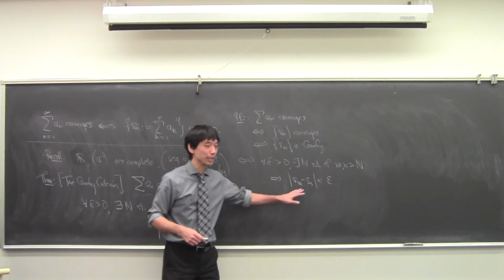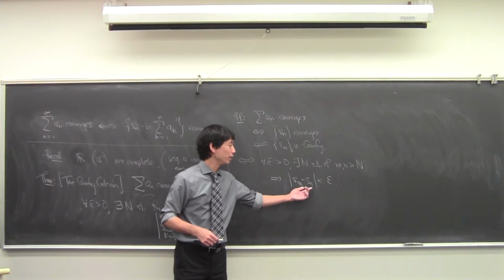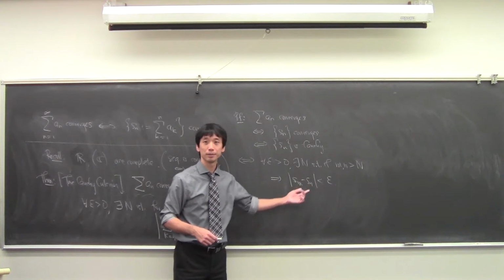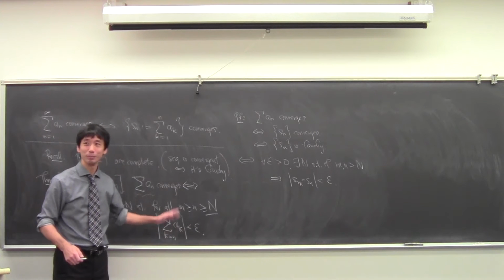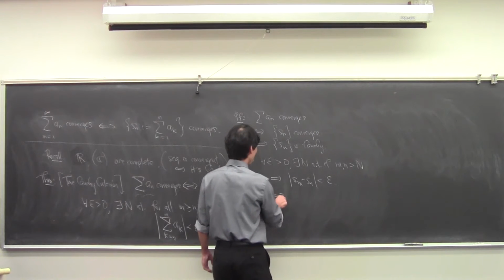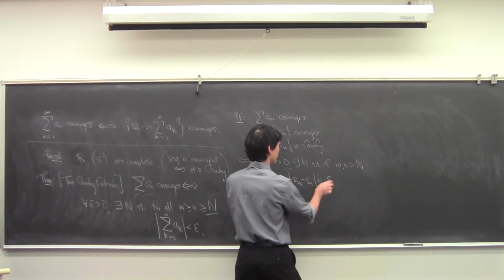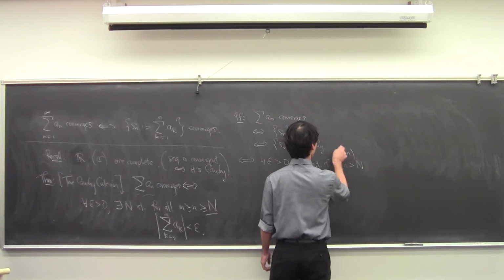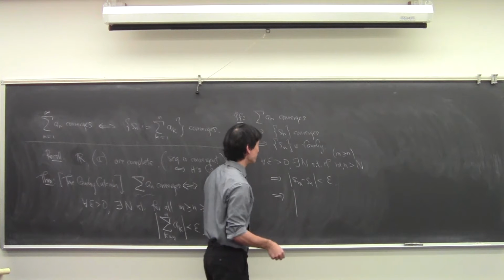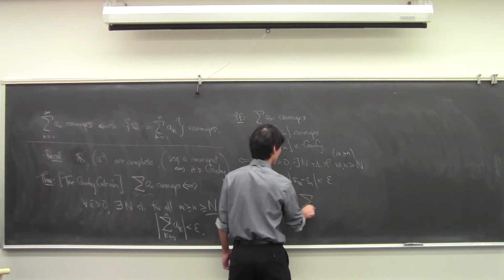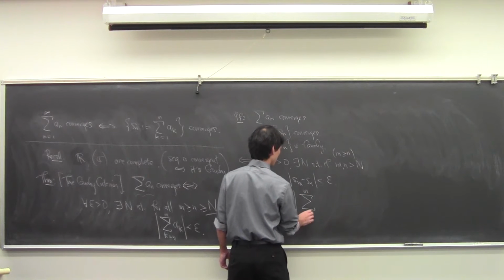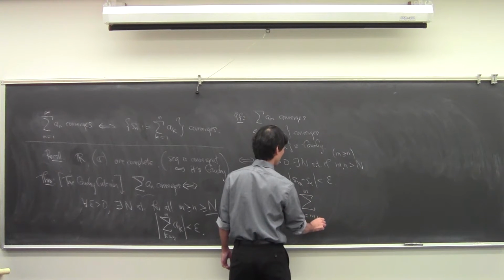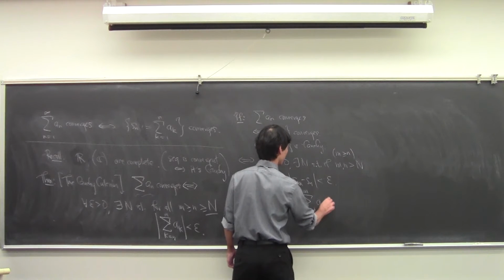Right? And now I hope you're seeing it. What's S of m minus S of n? That's basically this. You might have to put an n plus 1 here, but basically this. Let's assume without loss of generality that m is bigger than or equal to n. Then this gives us the sum from m to n plus 1.